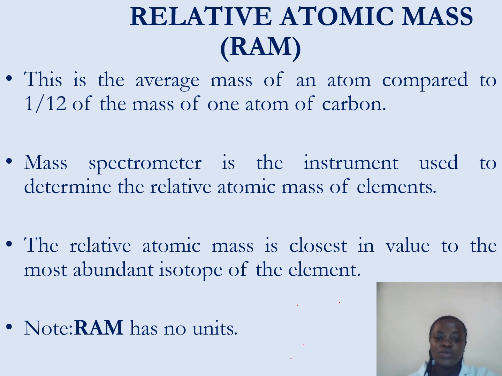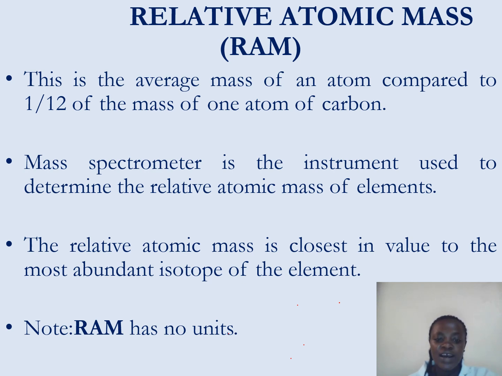The instrument used to measure the relative atomic mass of elements is known as the mass spectrometer. The relative atomic mass is closest in value to the most abundant isotope of the element.